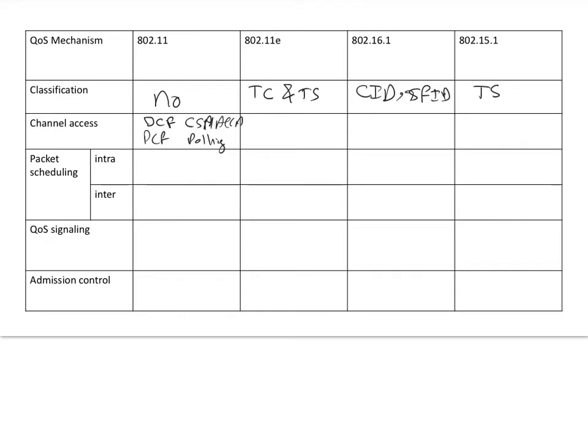For 802.11e, again, we have eDCF and PCF. So what is the channel access for eDCF? Well, again, it's CSMA/CA. It's the same, so we still have collision here, right? For eDCF, it's still CSMA/CA, but based on classes.